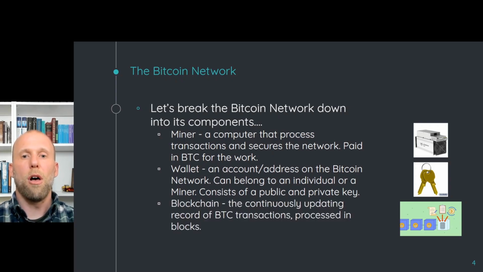Last, I want to talk about the blockchain itself. The blockchain is the continuously updating record of Bitcoin transactions, and it's processed in blocks. So the way the Bitcoin network works is about every 10 minutes, all of the transactions that people have submitted are bundled into one big batch or block of transactions and added to the blockchain in whatever order the miner decides to put them in.